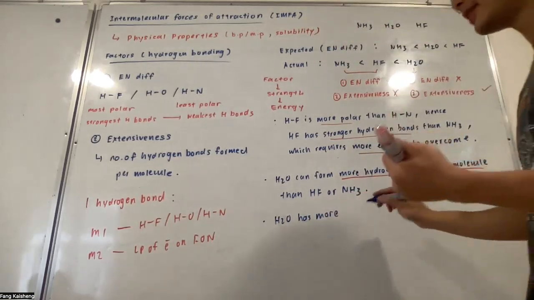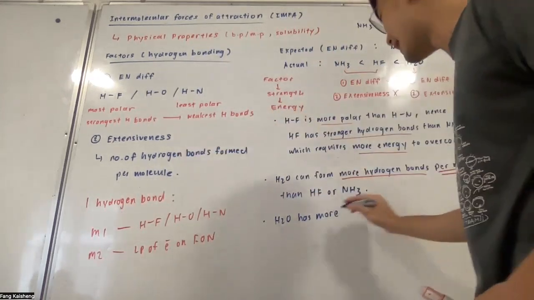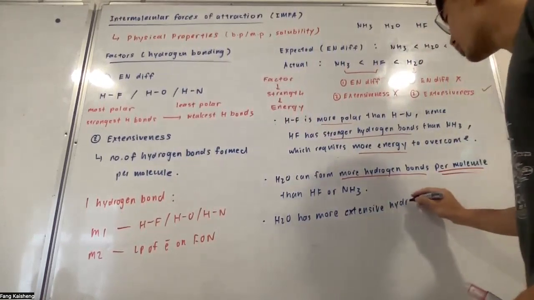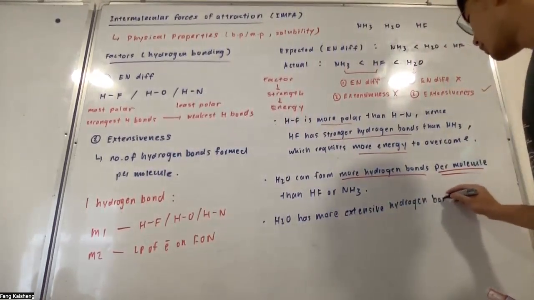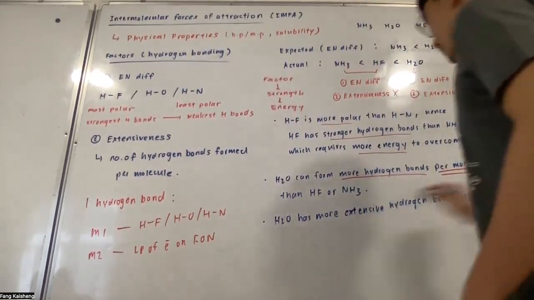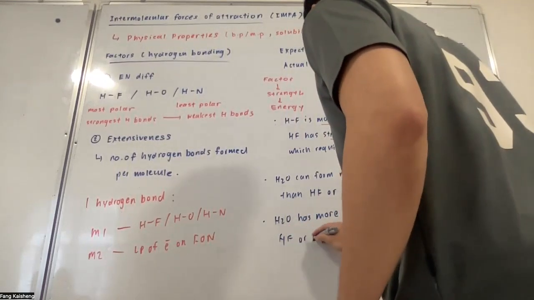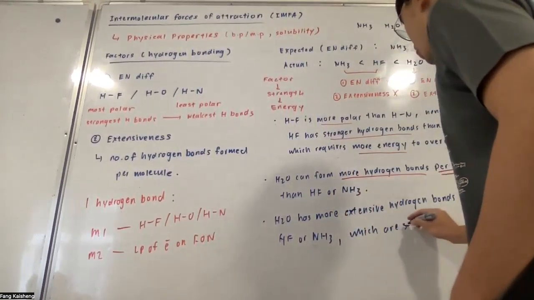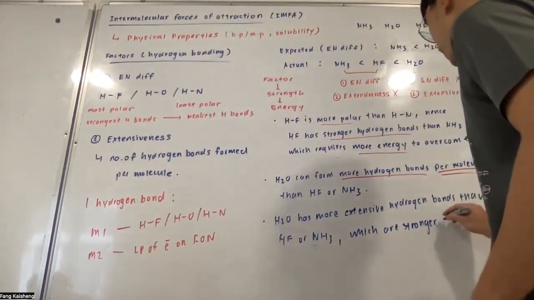What's the factor? The key word here is extensiveness. It has more extensive hydrogen bonds than HF or NH3, which are stronger and require more energy to overcome.